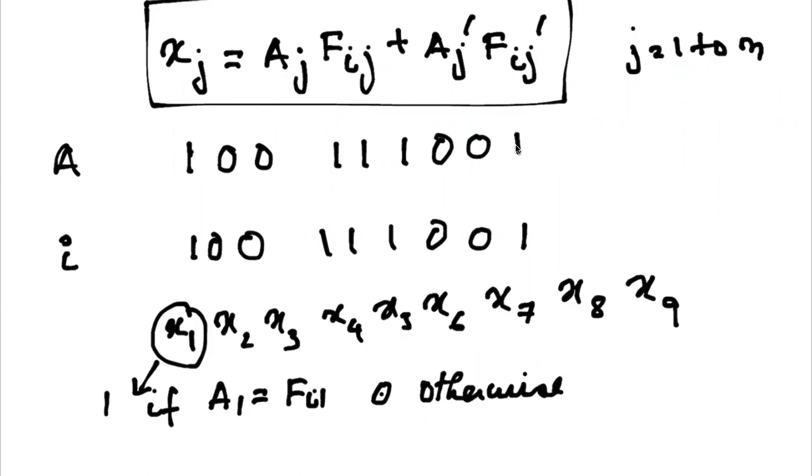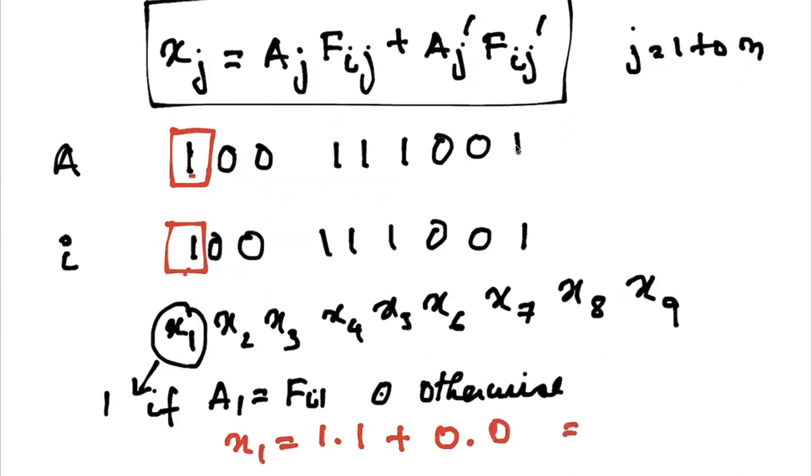The first bit in A is 1. The first bit of word I is also 1. So if I put it in this, x1 is 1 and 1, or aj dash, that is 0. aj is this one now, and fij dash is this one. So this is also 0. So what do I get? I get a 1.